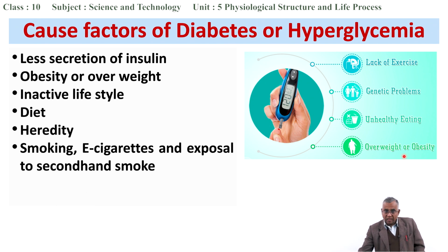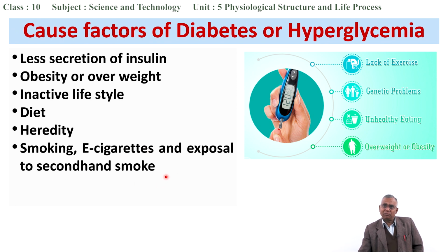Nowadays, e-cigarettes are available in markets, and people may think that it is not smoke, it is another thing, it does not harm, but it is equally harmful. So in many countries, e-cigarettes are banned. That is also harmful.